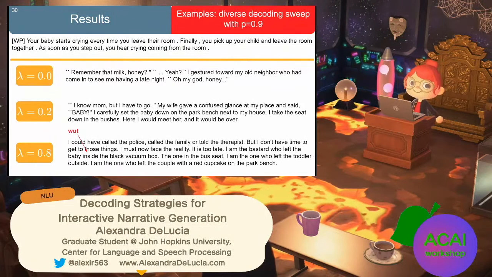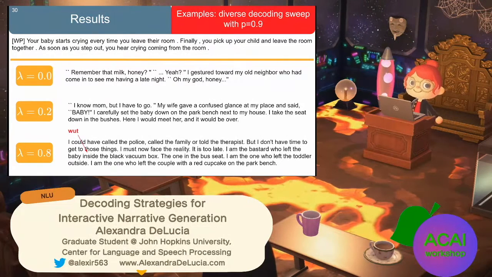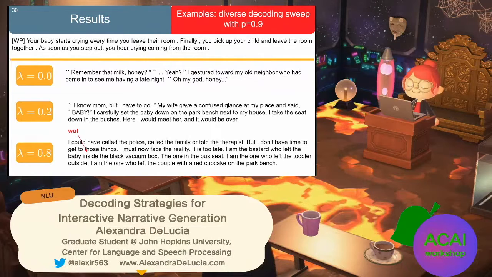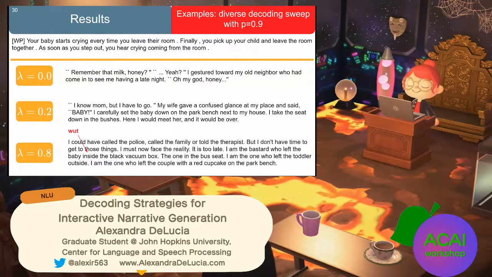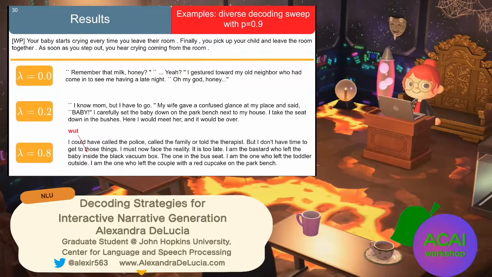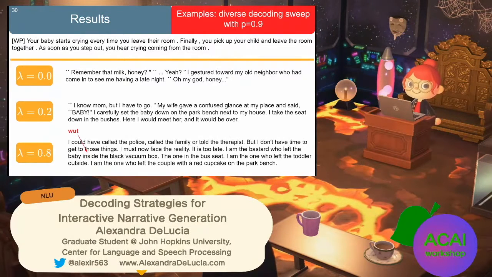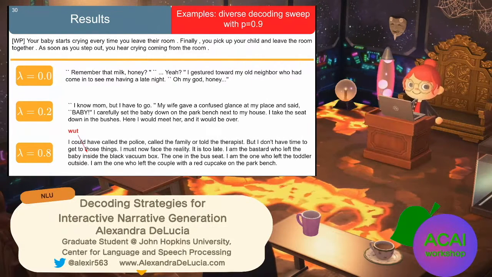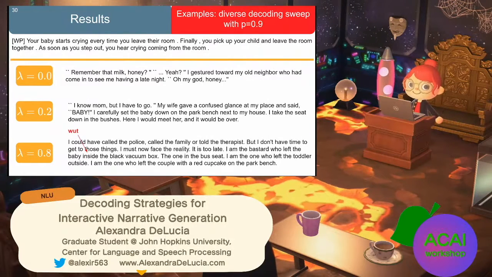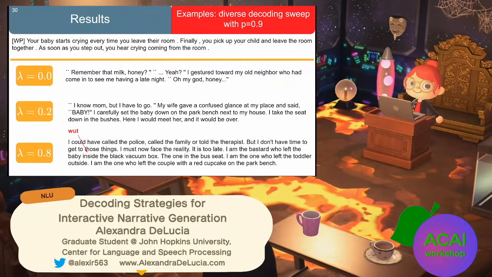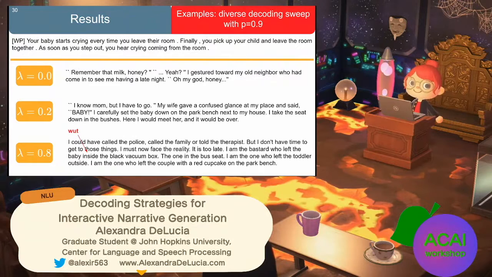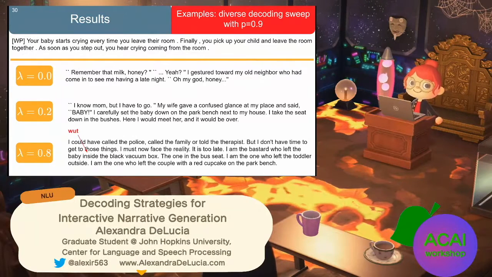So again, lambda equals 0 is equivalent to not using any diverse decoding. And then lambda equals 0.2 is using a little bit of diverse decoding, but you're still paying attention to your language model. And lambda 0.8 is you're ignoring a lot of your language model, but that made it very interesting.